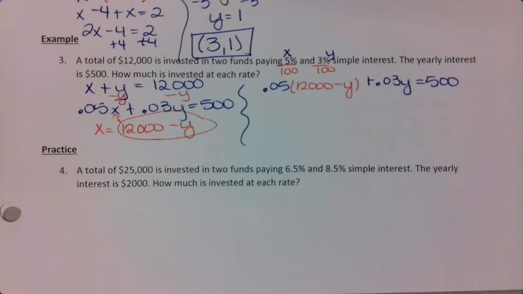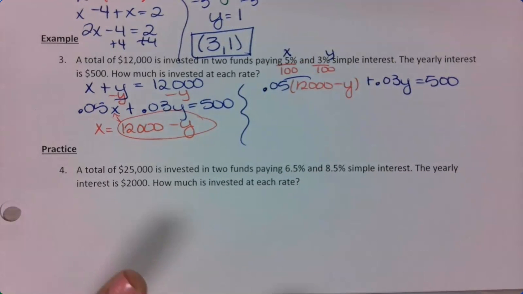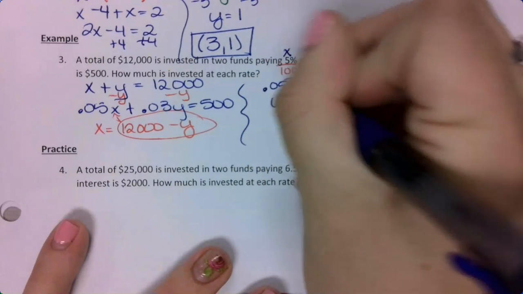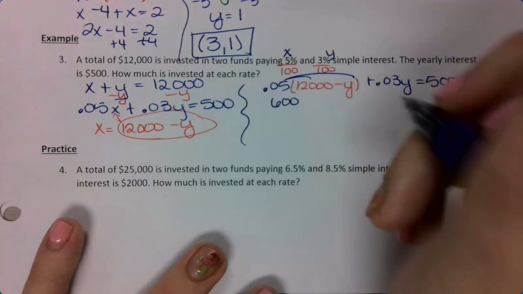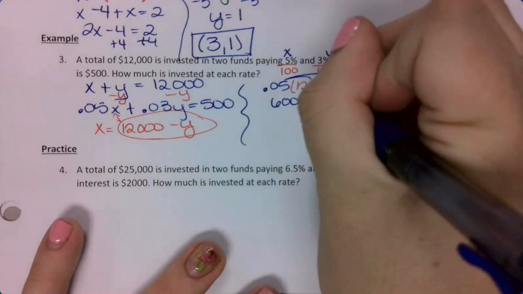Okay, so when I distribute, what's 0.05 times 12,000? What's 0.05 times negative Y? Yep.